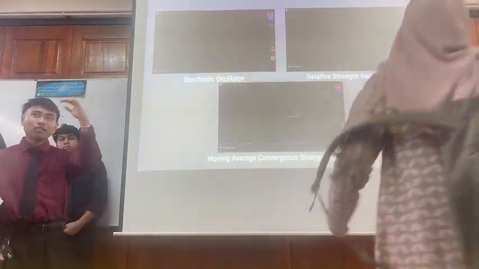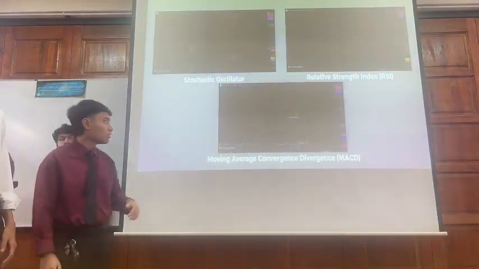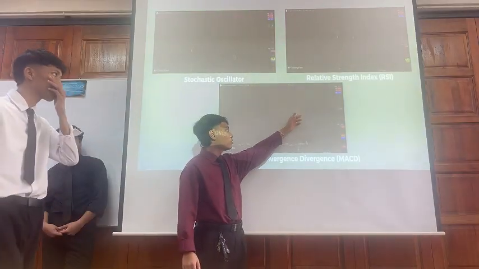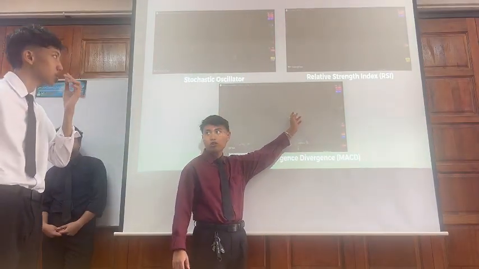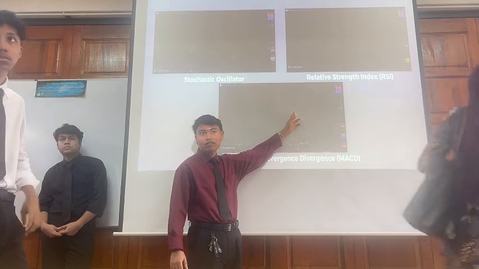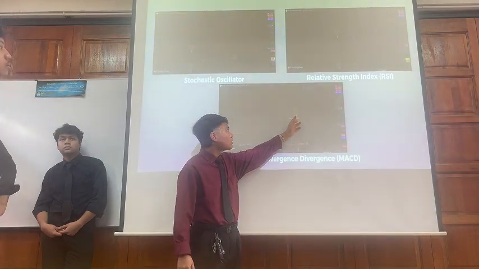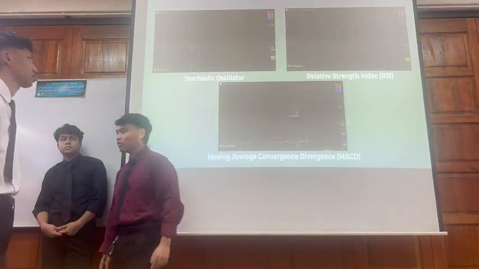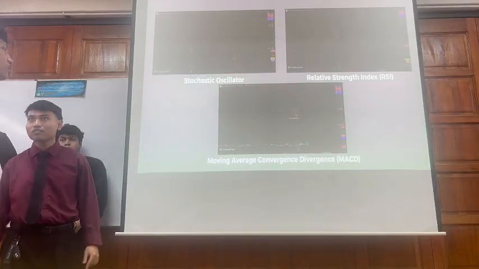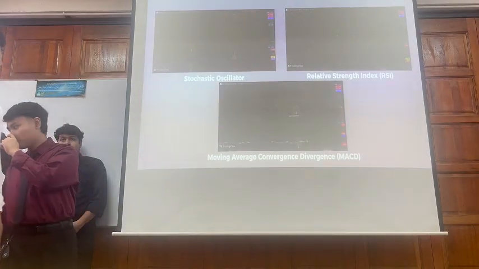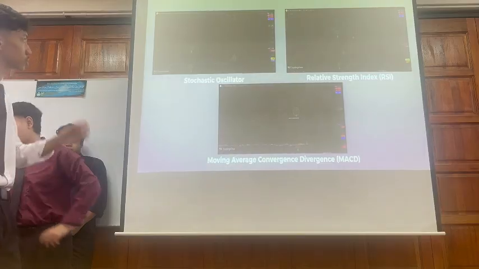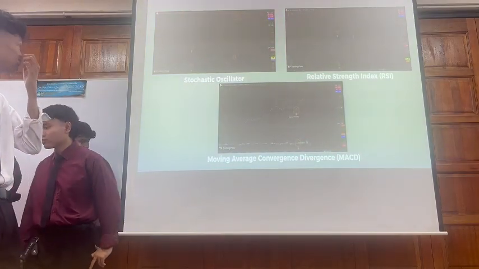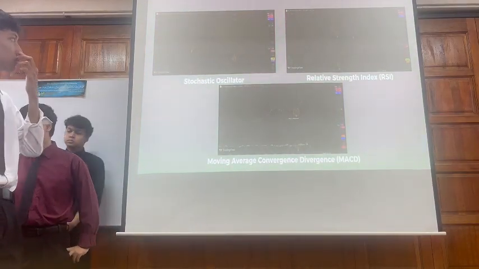And when the price go down, but the indicator shows coverage, sekarang ni boleh cakap yang coverage. Okay, the coverage. We use it as buy signal. Coverage and MACD, betul ke buy signal?